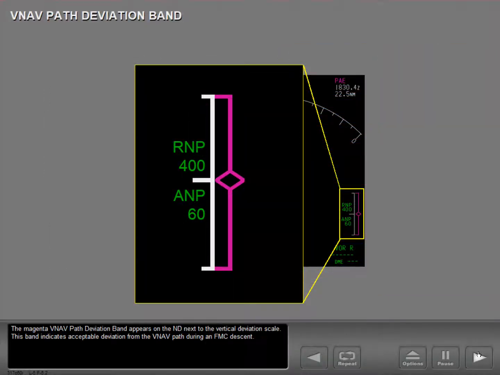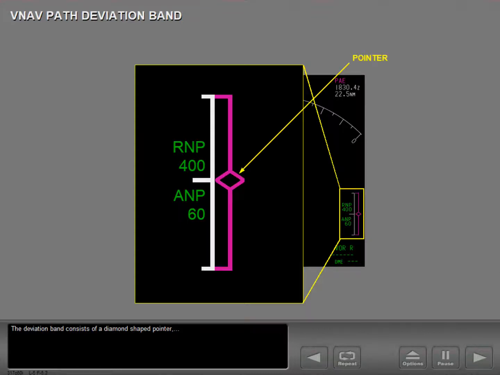The magenta VNAV path deviation band appears on the navigation display next to the vertical deviation scale. This band indicates acceptable deviation from the VNAV path during an FMC descent. The deviation band consists of a diamond-shaped pointer with equal length band extensions above and below it.